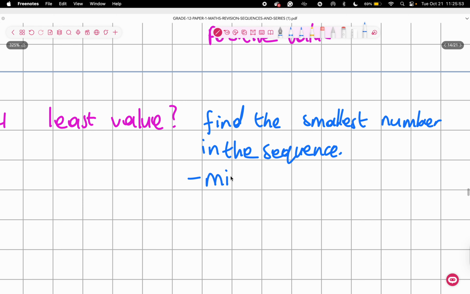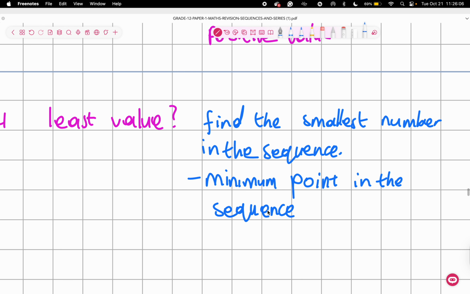Minimum point in the sequence. Okay, what do we mean by this? Remember, we have a quadratic sequence, right?